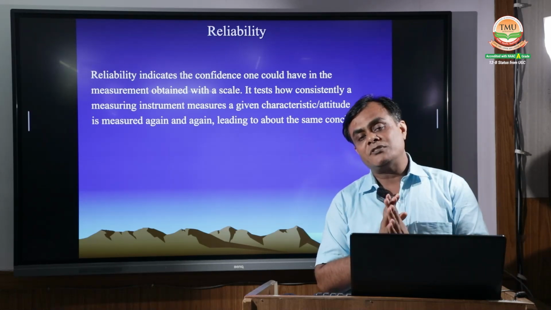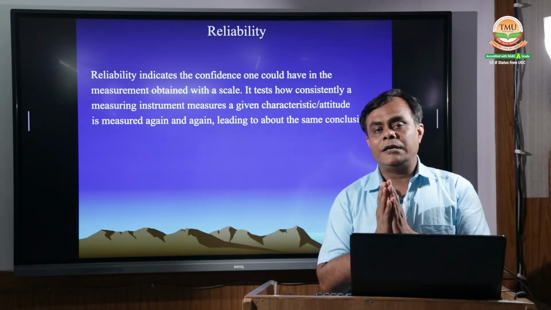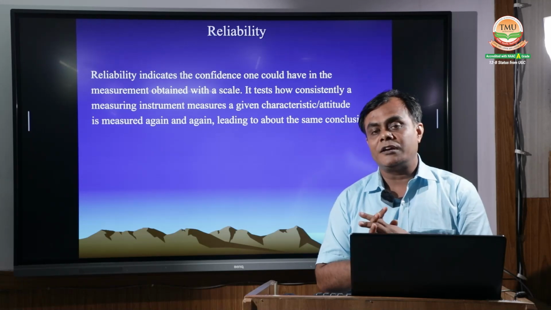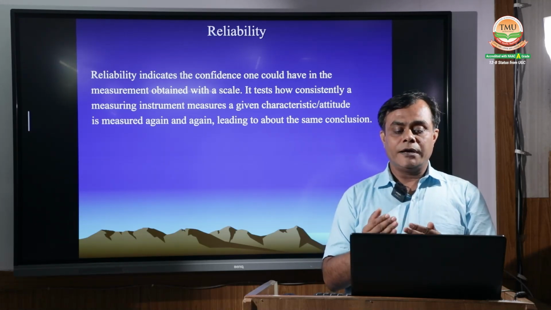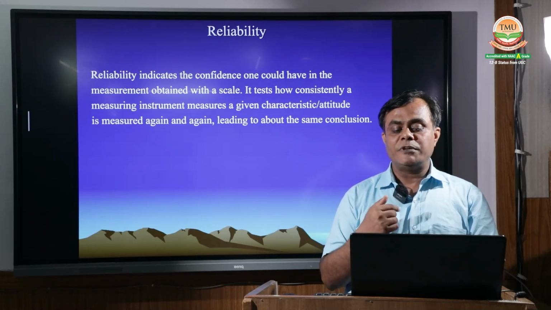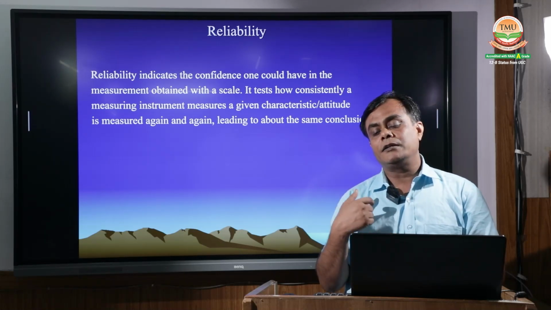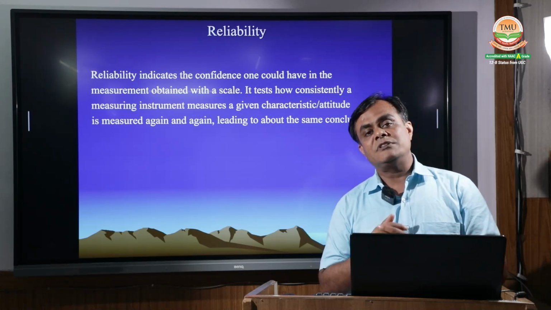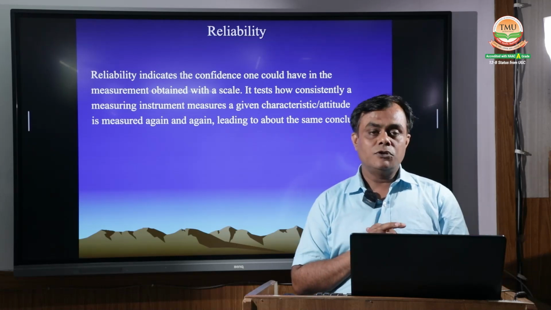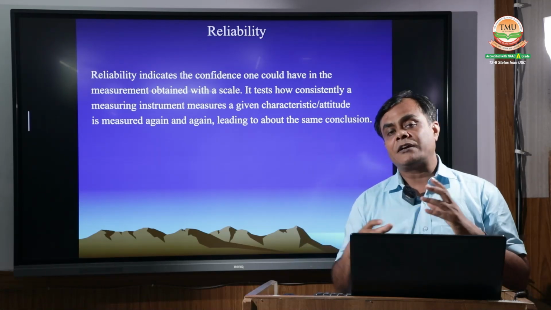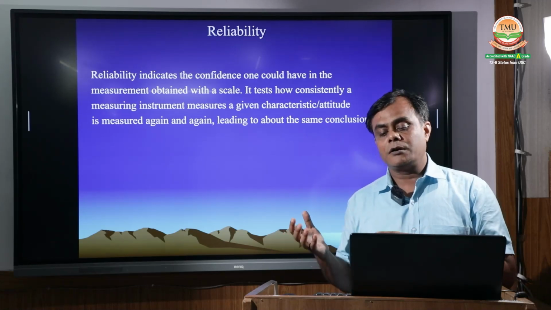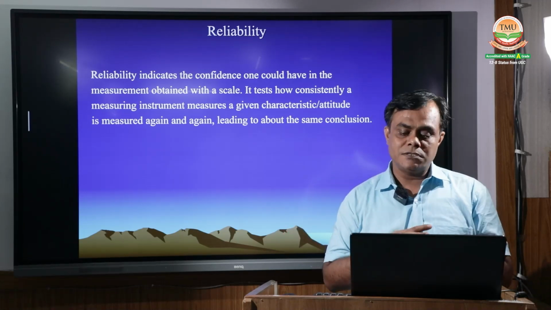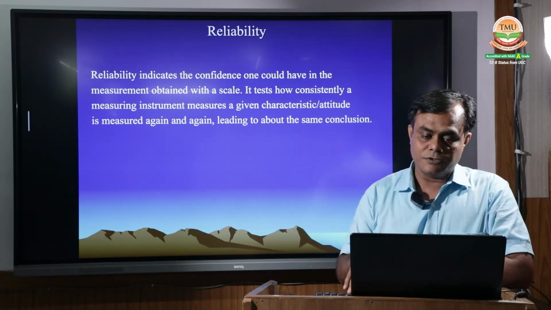That weighing machine is not reliable. So when we get the same conclusion from measurement again and again, that conclusion is reliable. Reliability is getting the same conclusion when practiced at various times.